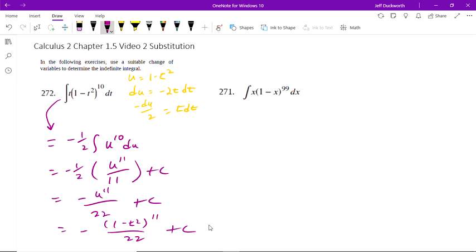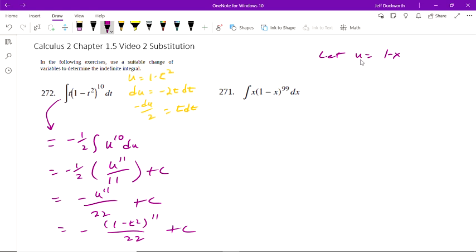All right, so the other problem, number 271, if we just take what's inside, and we're going to do this, but if we take our u, 1 minus x, if I just straight up take the derivative of that, I'm going to get negative dx, and I've got an x left over.